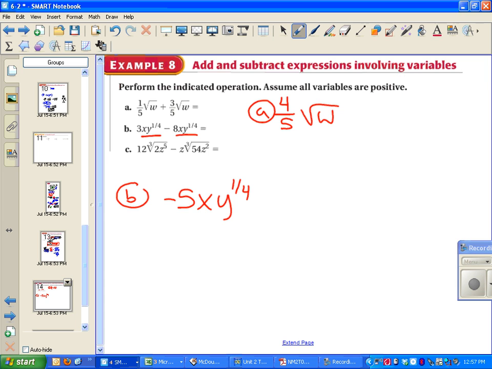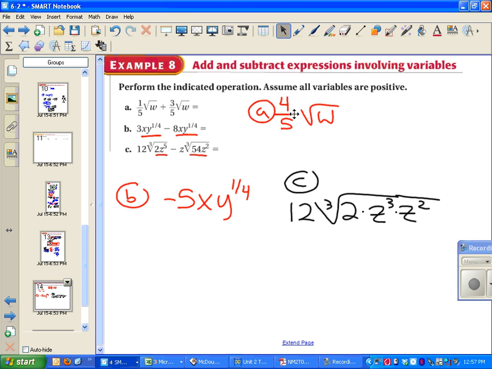For part C, there is a lot more to do. I don't have the same thing. I do have the same index, so that gives me hope for having the same thing under the radical. So I can do something for z to the fifth. I have 12 times the cube root of 2, and z to the fifth I can split up as z cubed times z squared.